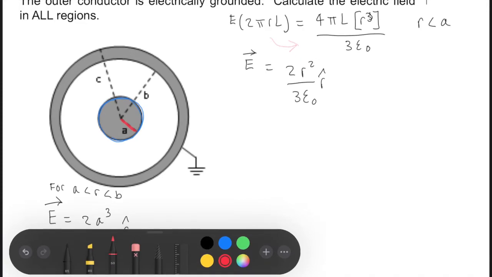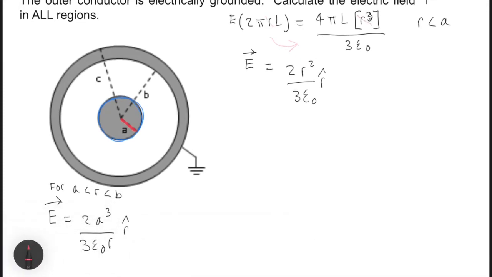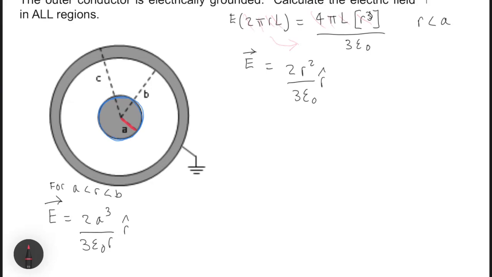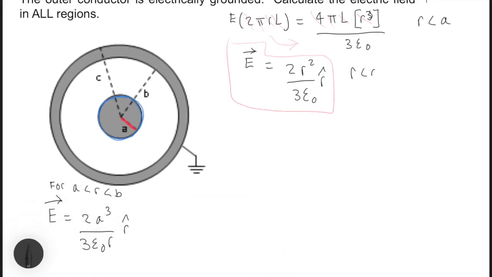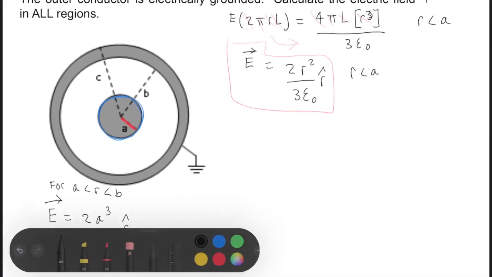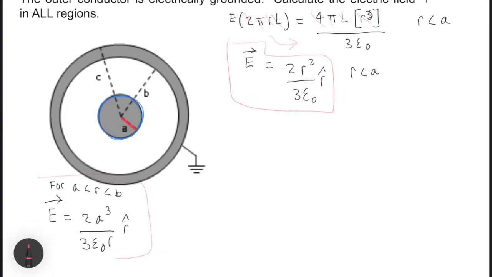And the reason why these things cancel is because we cancel out an r, cancel out a pi, cancel out an L, and then cancel out a 2. So that's how we're getting our answer. So this is our answer for r less than a. This is our answer for a less than r less than b.